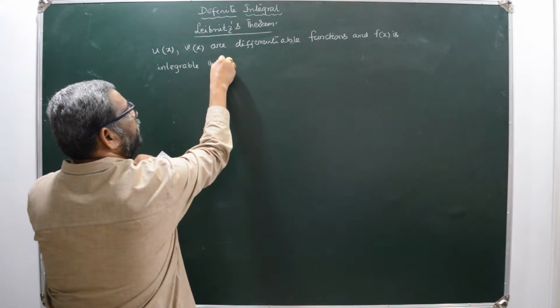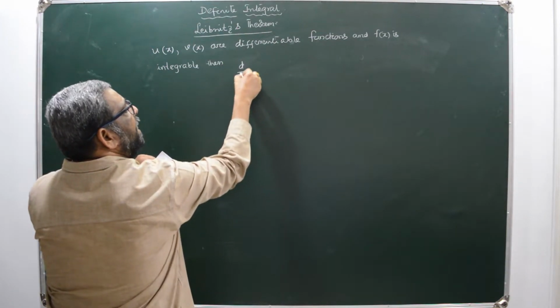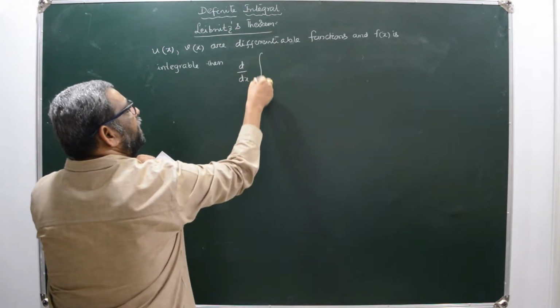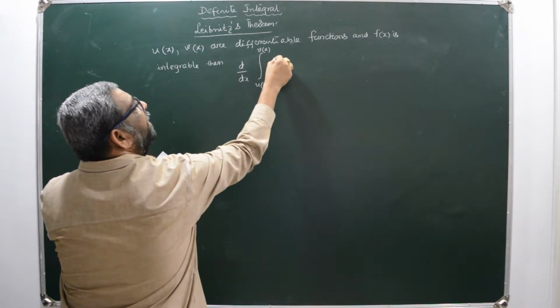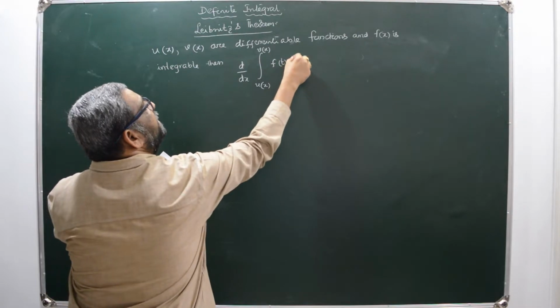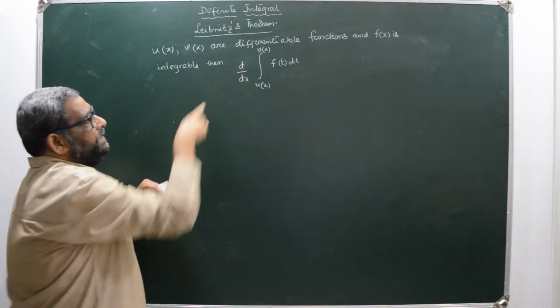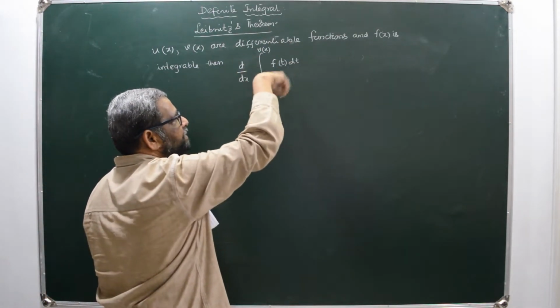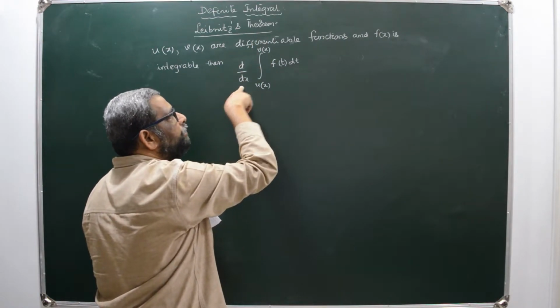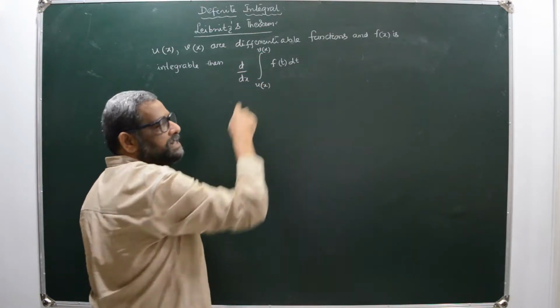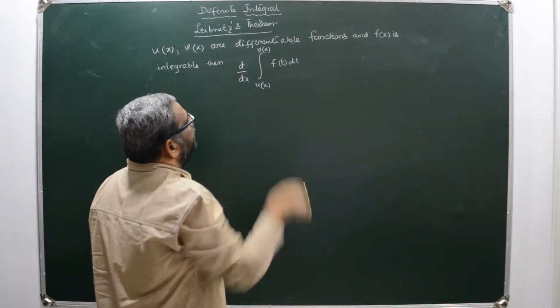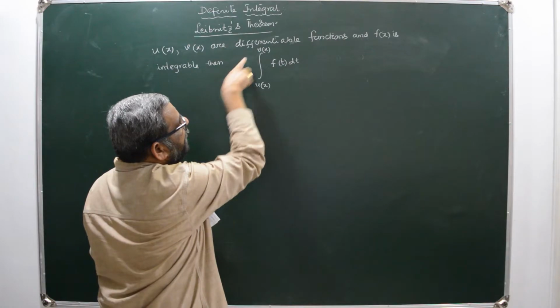Then d by dx of the integral from u(x) to v(x) of f(t) dt. That is, I mean to say, the derivative of this function. So the differentiation of the given function under the integral sign. The Leibniz rule is nothing but the differentiation under the integral sign.